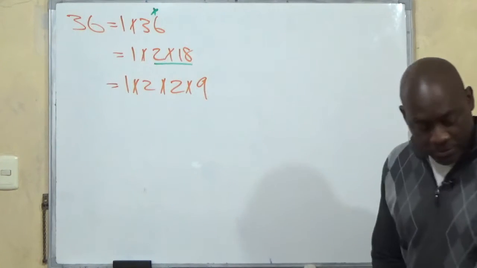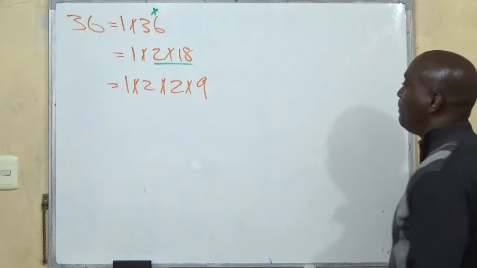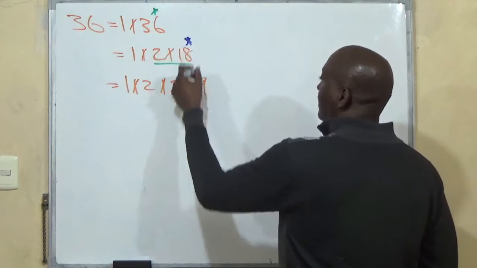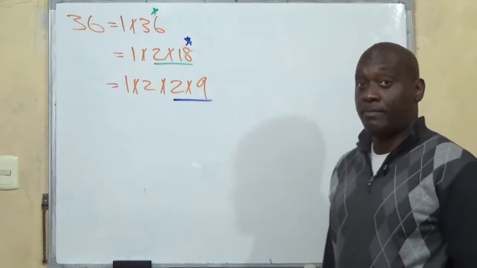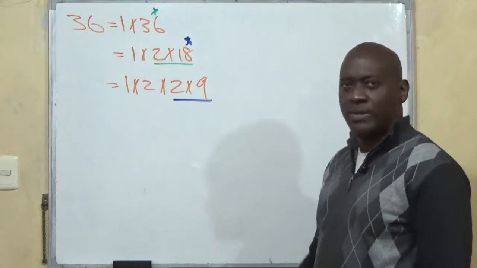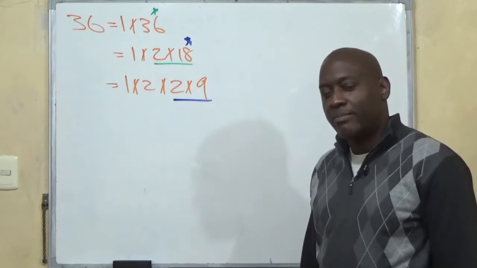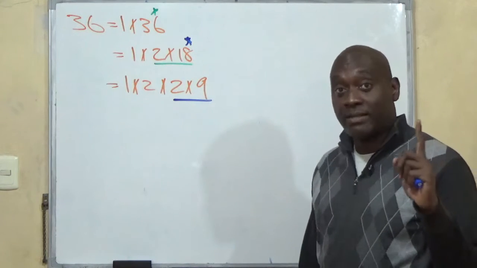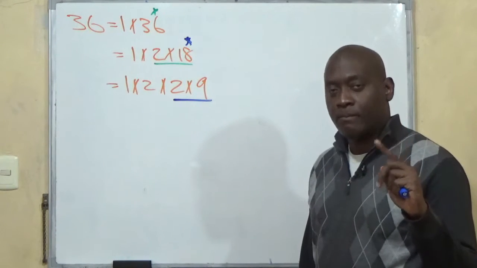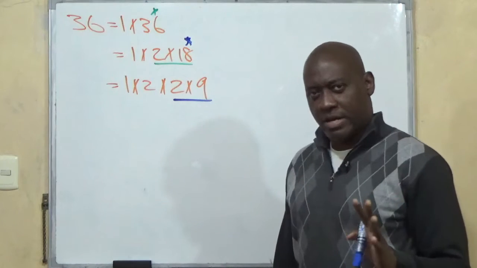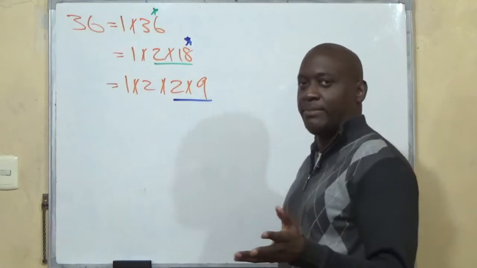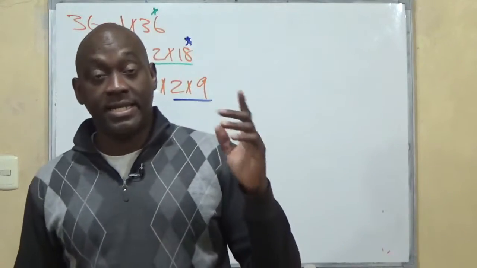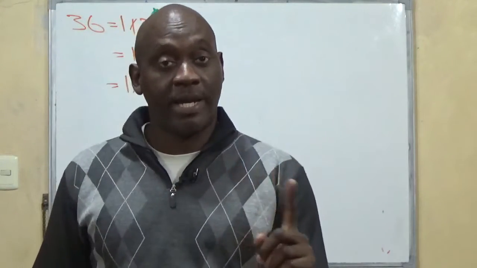So we take the number 18 and we have 2 by 9 here. 9 is not a prime number. 9 is also factorizable. 9 is not 2 by anything because 9 is an odd number. But 9 is a perfect square. 9 is 3 by 3.